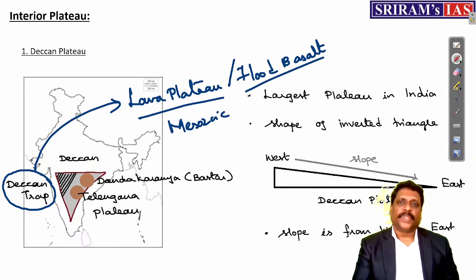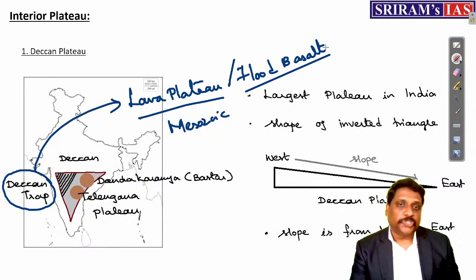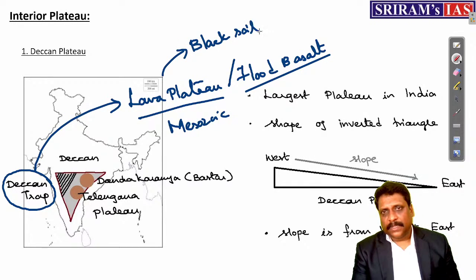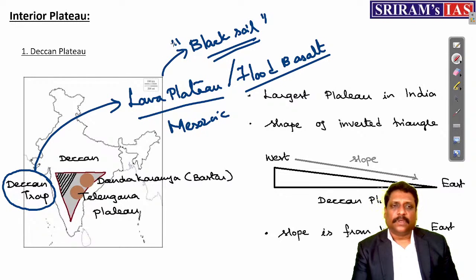Completely they are lava plateau, a fissure type of volcanic feature. Deccan Trap, or wherever I have a lava plateau, is the place where you have the black soil belt in India. Okay. Right, my dear friends.